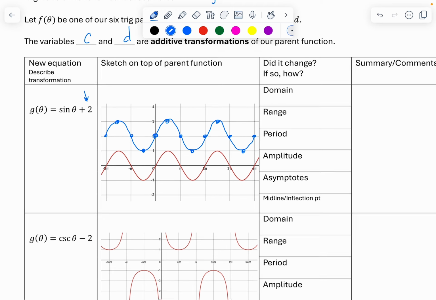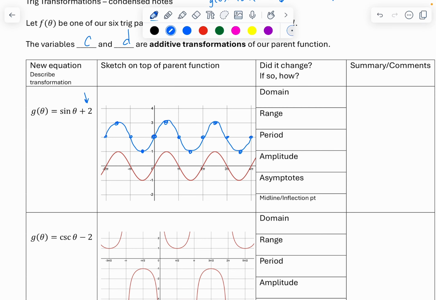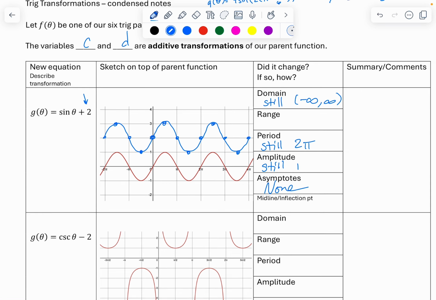And so we want to look at what changed between the parent function and the new graph. The domain is still just negative infinity to positive infinity. My range has changed. The period is still 2 pi. The amplitude is still 1, because the amplitude is from the midline to the top. How high did we go? The asymptotes, there's still none. Okay, so always tell me that. And then the midline, what did it do? It went up.